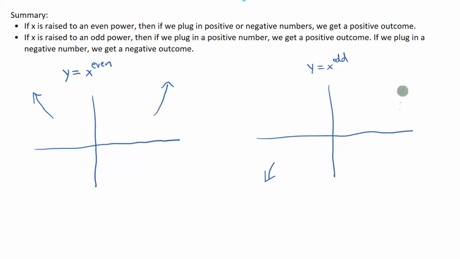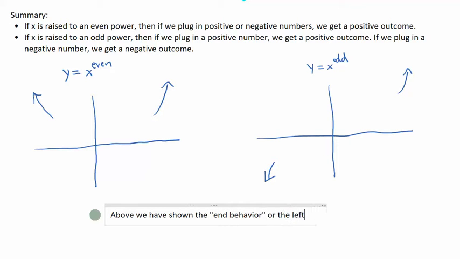If I plug in positives, I get positive y values. And so you can see these are called the ends of my graph, the left and right ends. Above, we have shown the end behavior, or the left and right ends of these graphs.